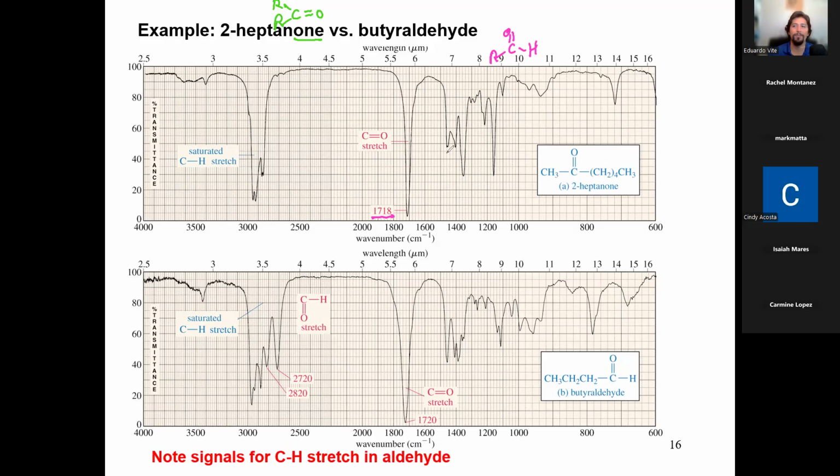You can type it in the chat. You can say it. What are some words you would use for the signal here? All right, we got someone in the chat. Very strong and sharp. Yes, definitely. Thank you, Riley. Yes, very strong and sharp. I would say yes. So that is your carbonyl peak.